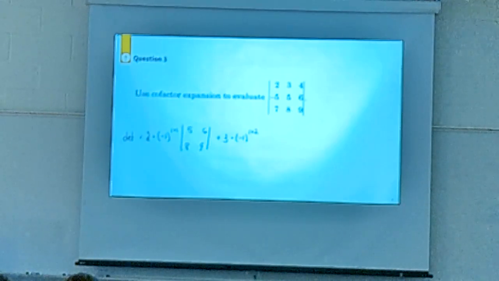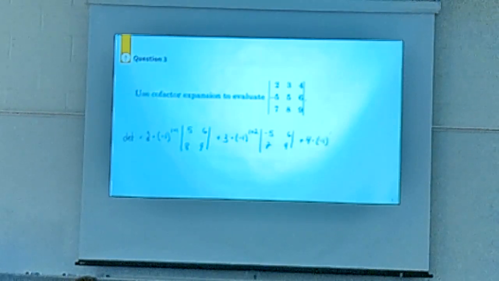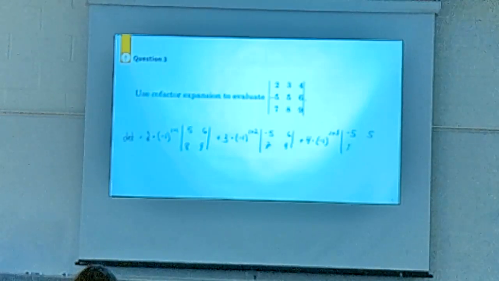So -1 to the 1 plus 2 times the determinant -5, 6, 7, 9, plus 4 times -1. This is the 1, 3 entry. Determinant -5, 5, 7, 8.